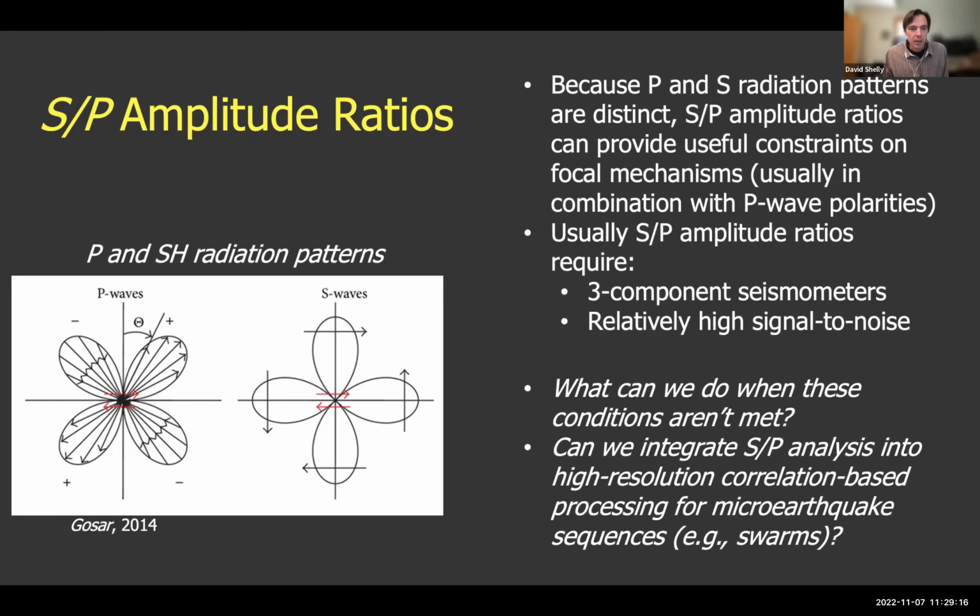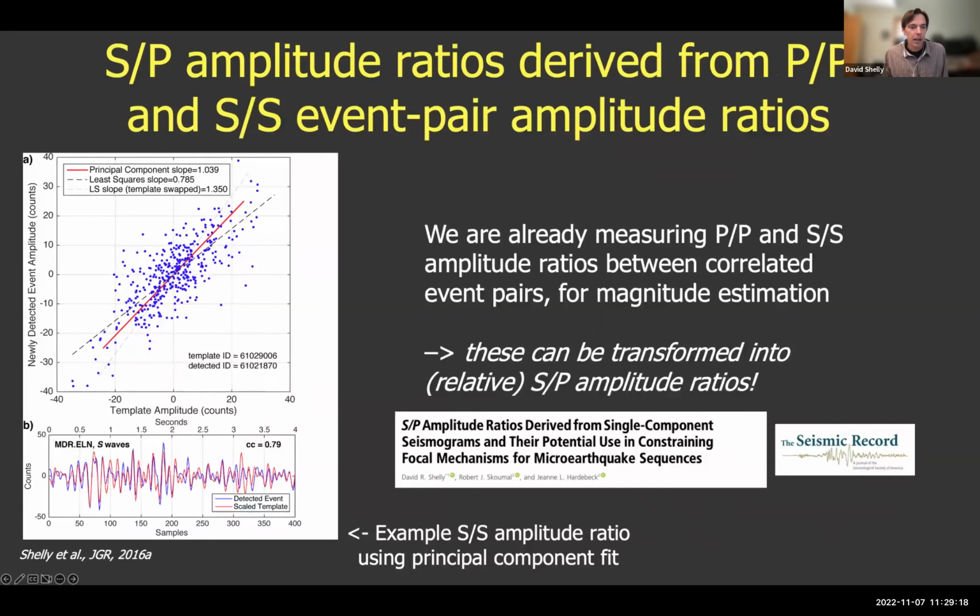Well, it turns out that we're already looking at P to P and S to S amplitude ratios between correlated event pairs. And we're doing this to estimate magnitudes of newly detected events. When we do the magnitude estimation, we're just averaging all these amplitude ratios across the network, but we're actually throwing away a lot of useful information when we do that.